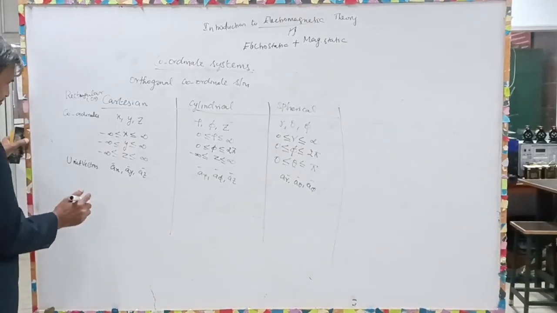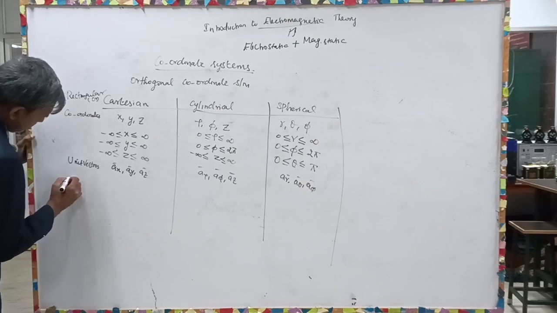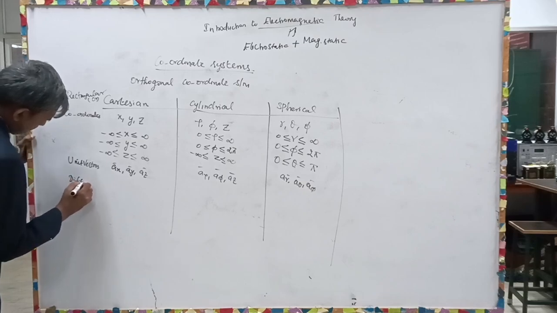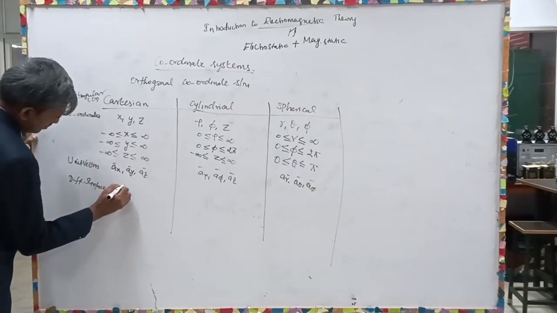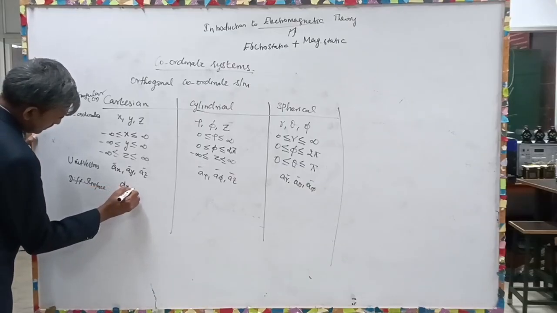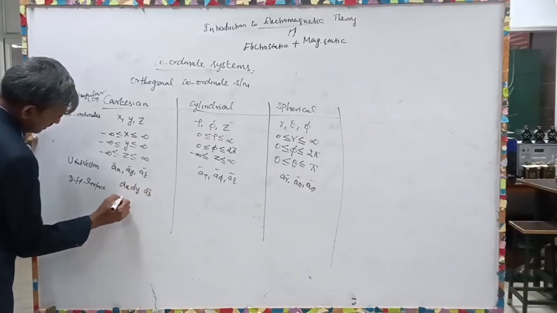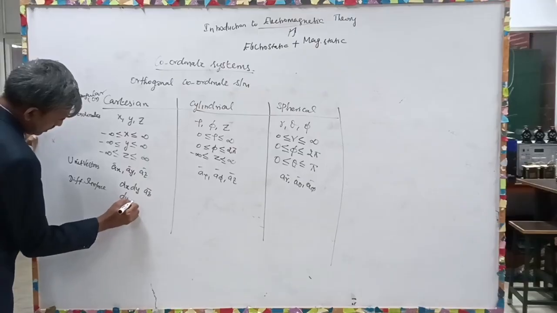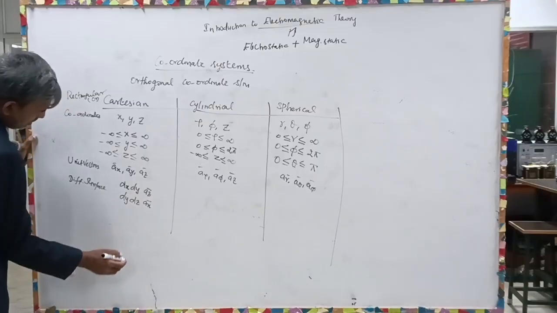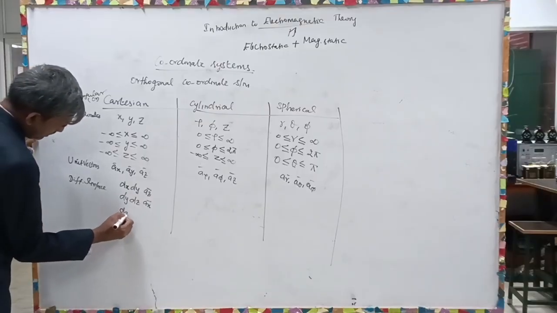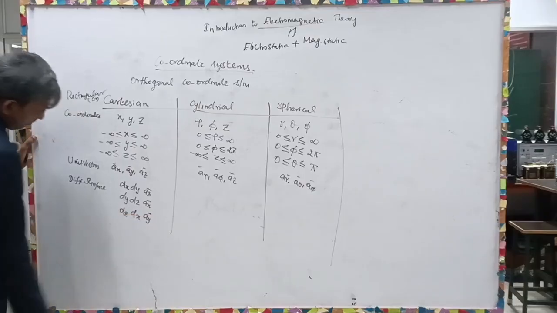And the differential length, differential surface. So for Cartesian, dx dy along the unit vector az, dy dz along the unit normal vector ax, dz dx along the unit normal vector ay.